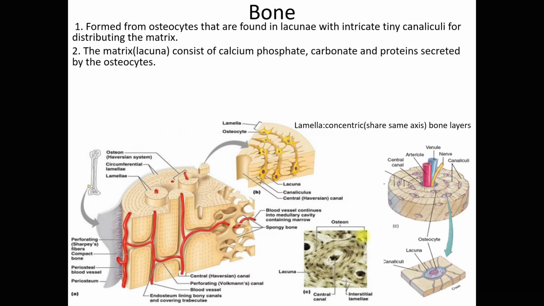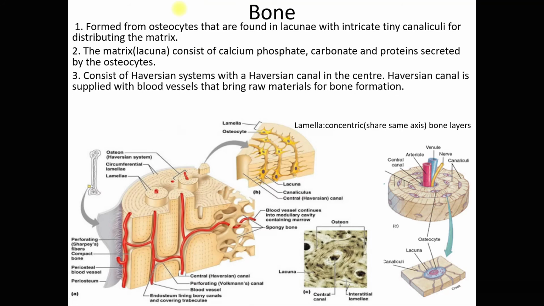Now the matrix of the lacuna consists of calcium phosphates, carbonates, and proteins that are secreted by the osteocytes. So these osteocytes secrete or produce substance to the lacuna.